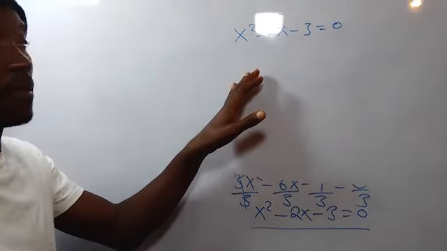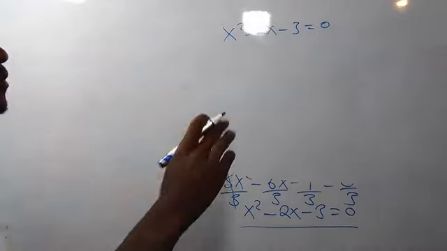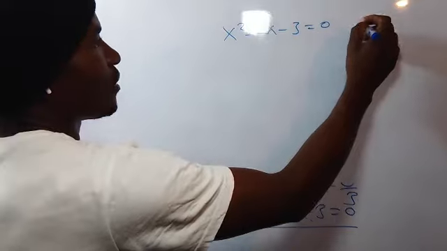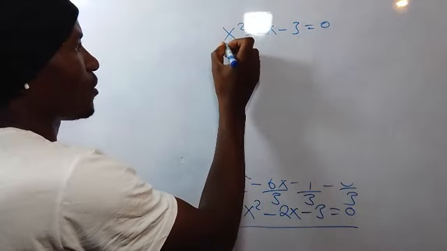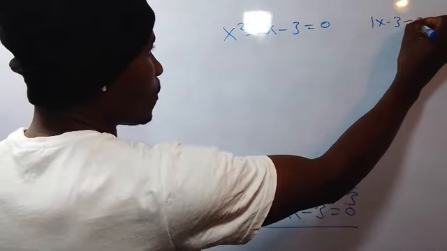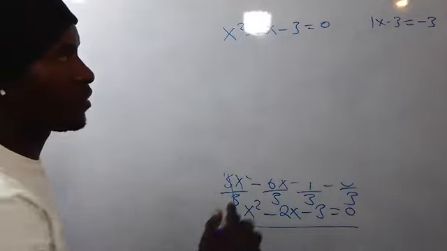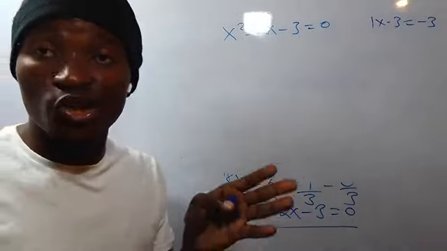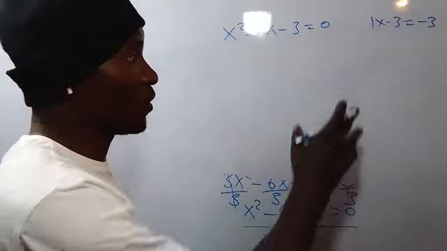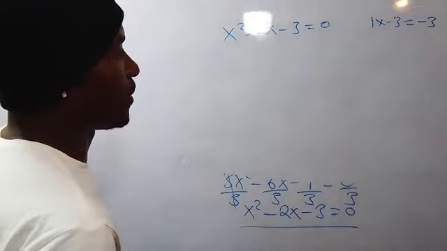So what's going to happen is that we're going to find the factors, meaning the coefficient of x squared multiplied by this one is 1 times negative 3, which will give us negative 3. After you do that, you look for any other two numbers which you can use in order to get a negative 3. There isn't any other number that we can use apart from those two numbers.